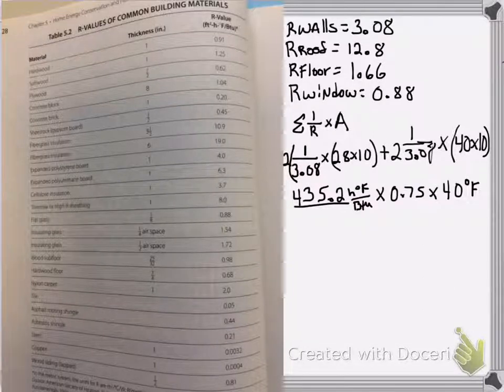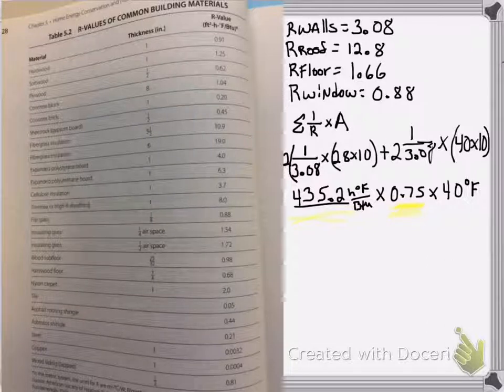Alright, so now to continue on with the question, I did my wall setup, and depending on where you rounded, your number might be bigger down here. The next part is, in the question, they tell me that 25% of the walls are windows, and so I have to say that 75% of my walls are not windows, or this BTU that I'm working with.